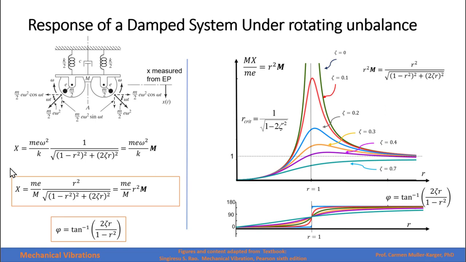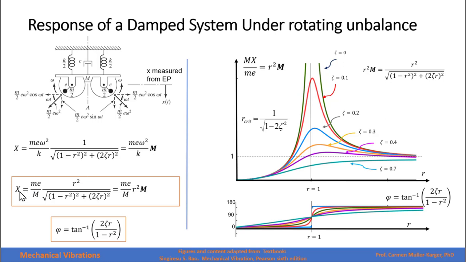So we can write the response of an unbalanced machine in terms of the unbalance, which is the mass times the offset of the unbalanced mass, times the rotating frequency squared, divided by the constant of the spring, times the magnification factor.